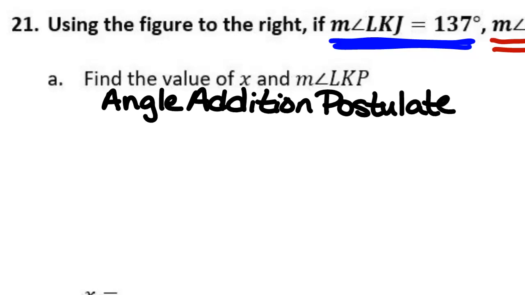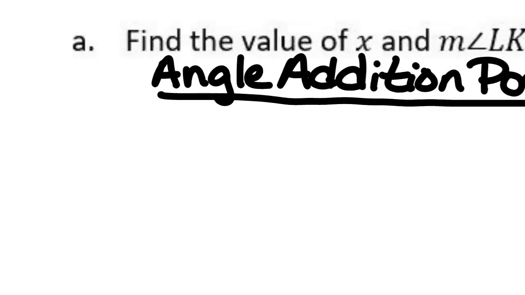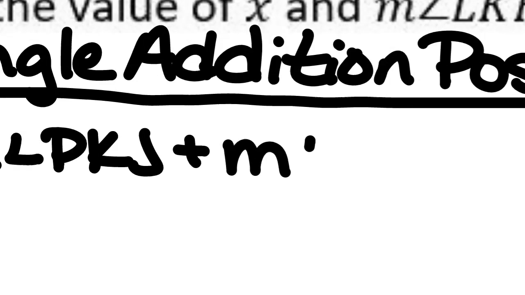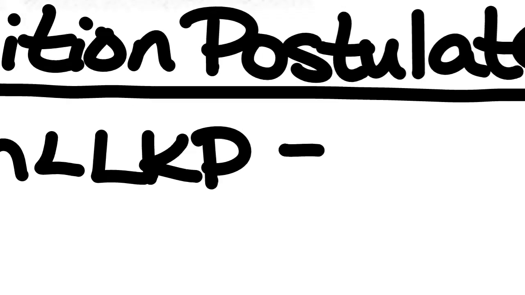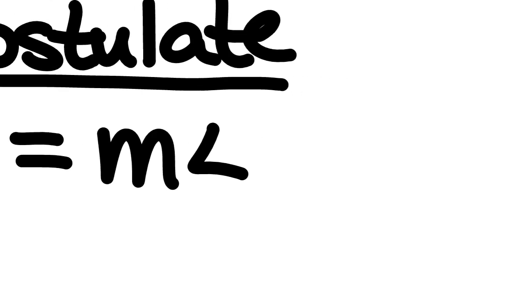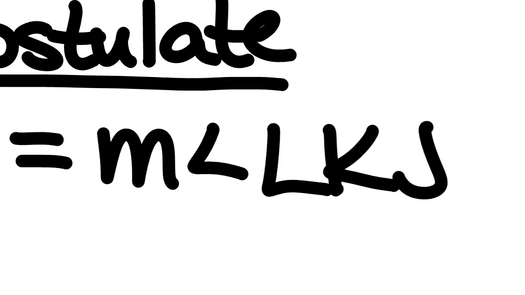What are the names of the two smaller angles? PKJ, so the measurement of angle PKJ plus, what's the other smaller angle? Measurement of angle LKP. And when I put those two smaller angles together, what's the name of the larger angle? LKJ, so equal to the measurement of angle LKJ.